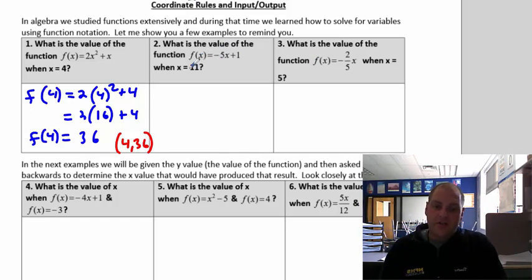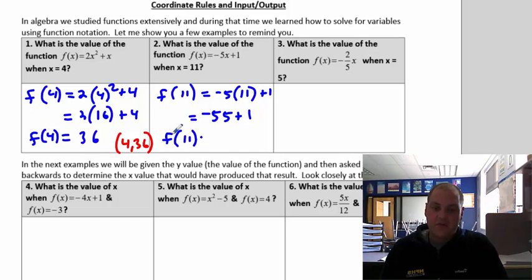What is the value of this function at 11? So we're going to do f of 11. And we're going to plug in 11, negative 5 times 11 plus 1. That's going to be negative 55 plus 1. So f of 11 is going to be negative 54.